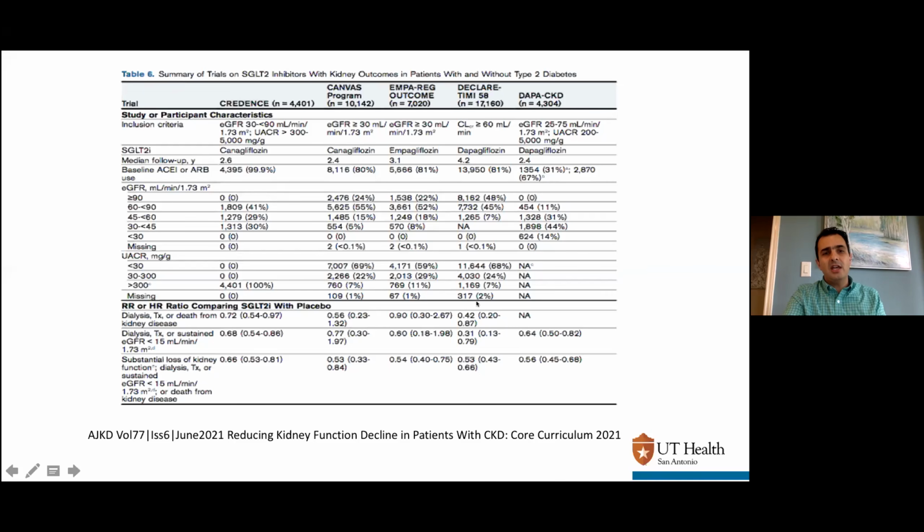But pay attention to all of these trials. They added SGLT2 on top of a maximum tolerated ACE or ARB. So you start with ACE and ARB, you maximize your therapy, and then if you have room, you add SGLT2 for renal protection. I see a lot of you are using SGLT2 in our patients, and that's wonderful to see.